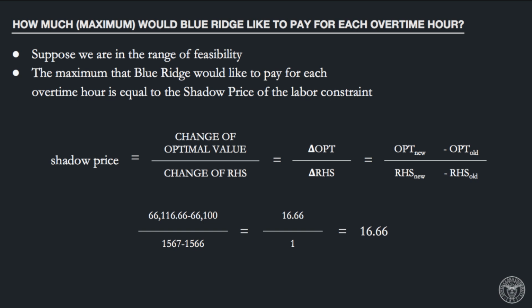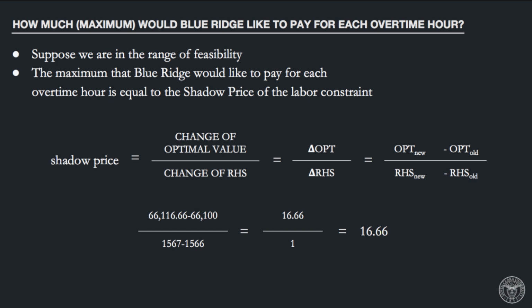Suppose we are in the range of feasibility. The maximum amount of money that Blue Ridge would like to pay for each individual overtime hour will be equivalent to the shadow price of the labor constraint. In that case, we have the shadow price equal to the change of optimal value over the change of right-hand side.